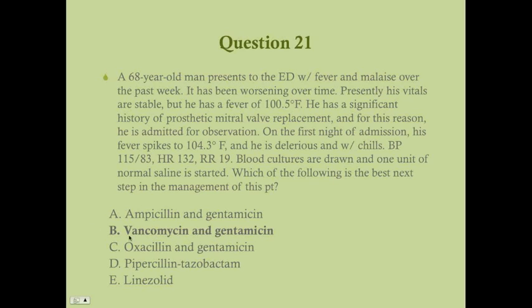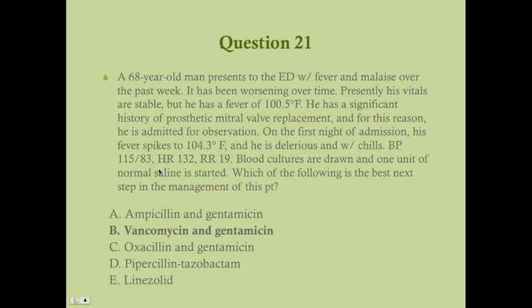And so this is the best regimen of choice for a patient that's septic, or a patient that's febrile and probably bacteremic, that's got a prosthetic mitral valve. Note that you get your blood cultures first before you initiate therapy, otherwise you could screw up your blood cultures. And you want to start your normal saline, even though he's not necessarily septic.